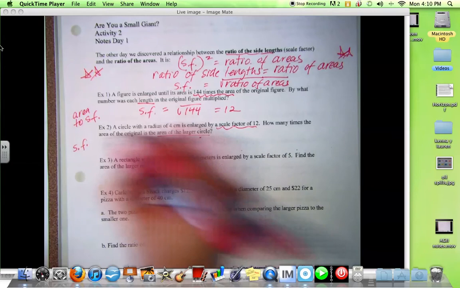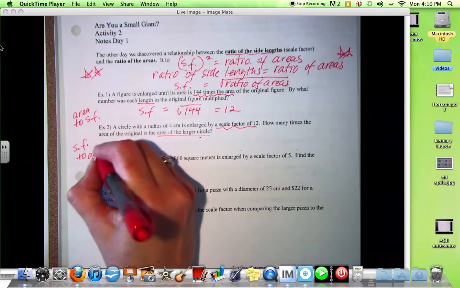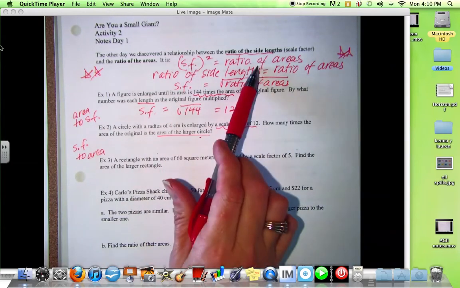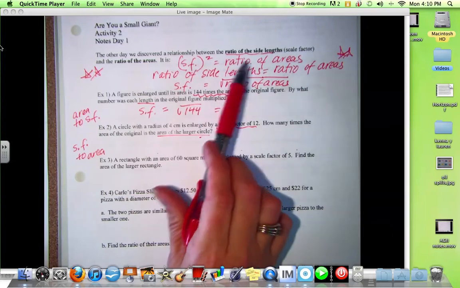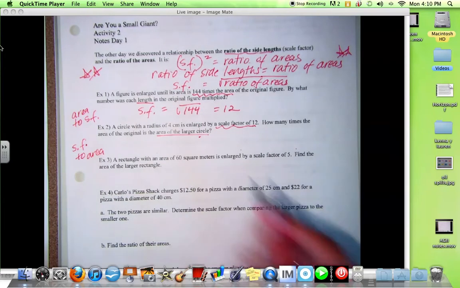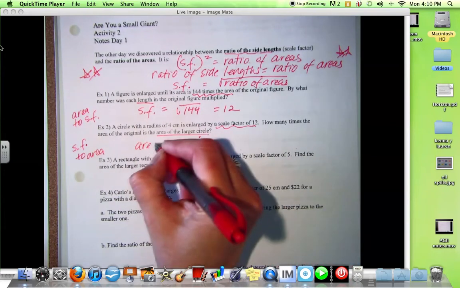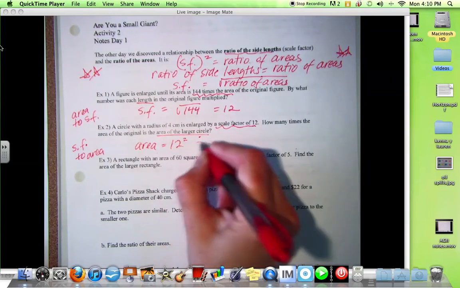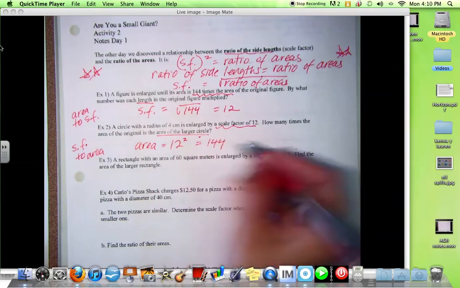Scale factor squared gives us the ratio of areas. So the area will be equal to 12 squared, which is 144.